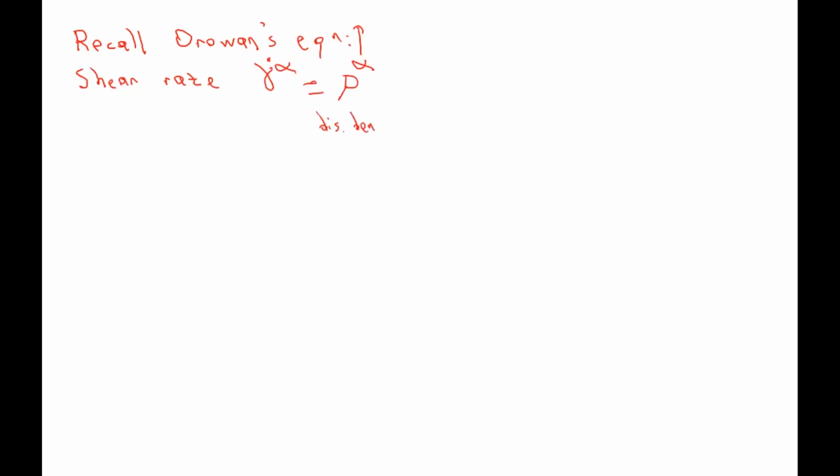times the Burgers vector. So Burgers vector in FCC, we have only one type of Burgers vector, right? Which is 1/2 <110> for FCC. And the velocity.